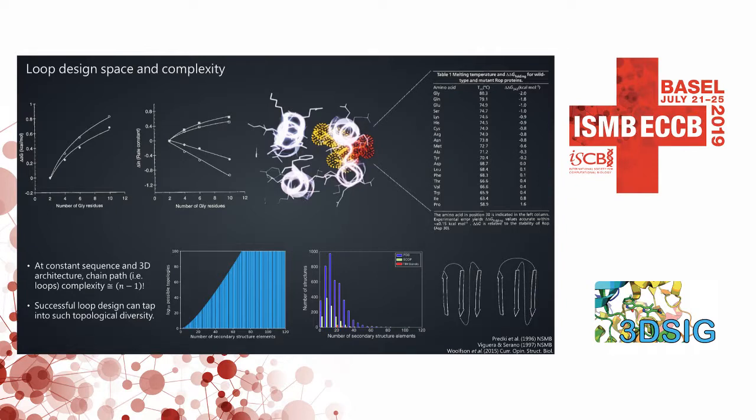We can see a logarithmic scale, log base 10, of all of the possible structures given the same number of secondary structure arrangements, just by changing loop connectivity. So if we can control the loop design, especially the de novo loop design, we can tap into an almost infinite resource of topologies.